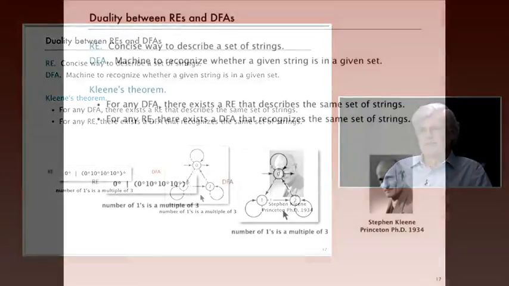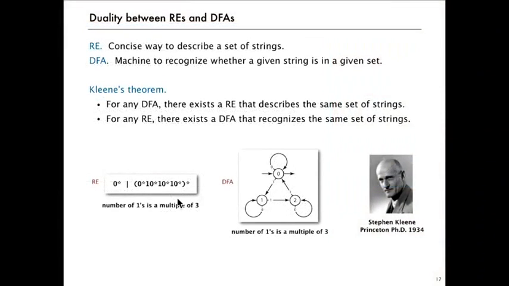The machine specifies the set. In an RE, we specify the set by writing characters, stars, and meta characters in parentheses. And this regular expression describes the same set of strings that's recognized by this DFA. Kleene's theorem showed that it's always possible to construct such a machine.